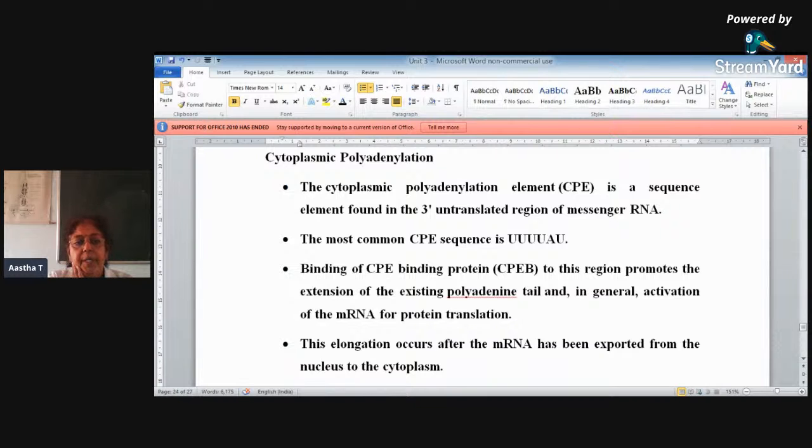The most common cytoplasmic polyadenylation sequence is UUUUUAU. Binding of cytoplasmic polyadenylation element protein CPEB to this region promotes the extension of the existing poly A tail.